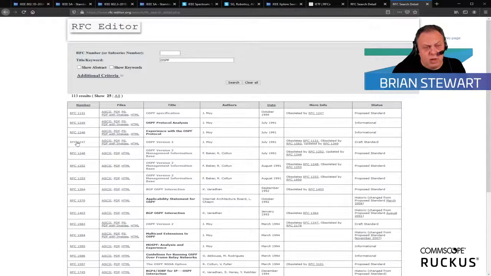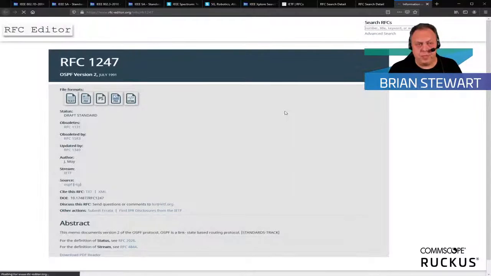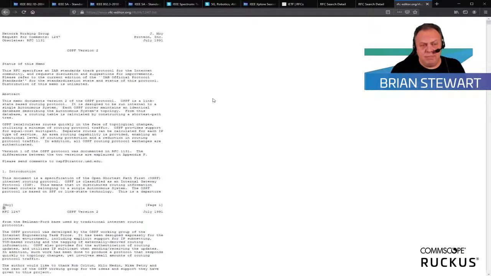So if I come down here, 1247, that is OSPF version 2, which is the main version in use for IPv4 traffic, for standard IP addresses and standard IP routing. So I can take a look at RFC 1247, bring up the text of that.